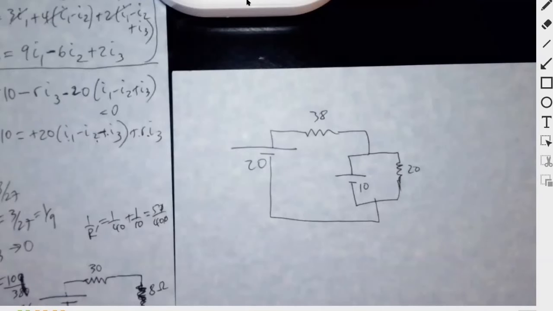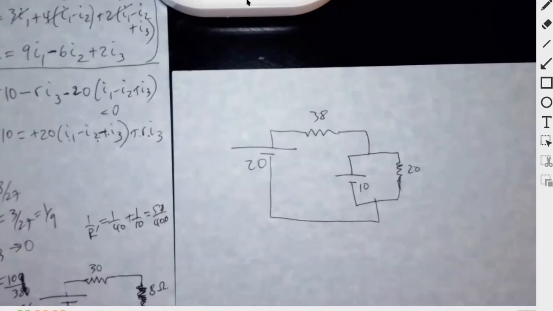And then what would you do? The way I would have drawn it, here I'm going to annotate real quick. So yes, we have our voltage source, right?